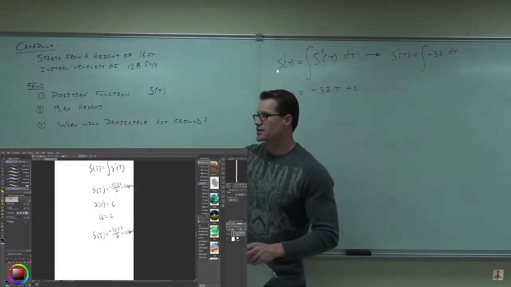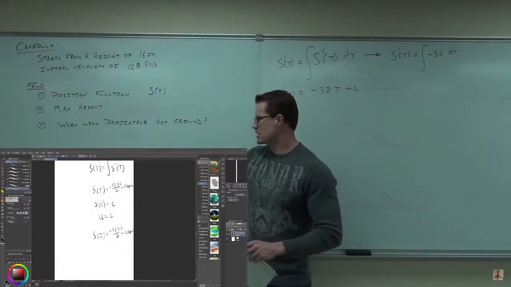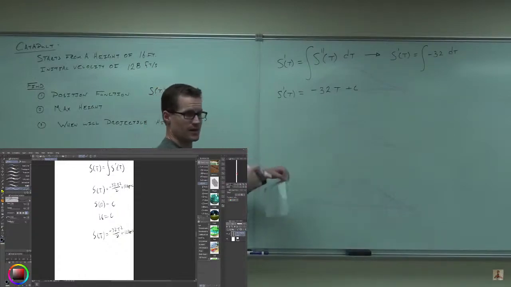I have that. It says s prime of 0 equals 128. Where does the 0 go? Where's the 0 go? That stands for t, right?